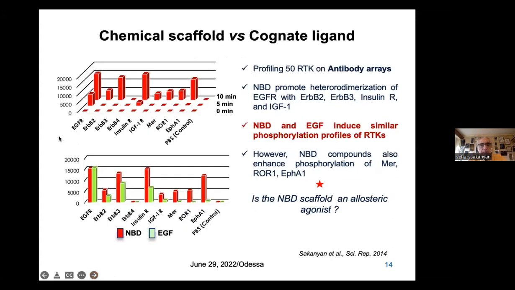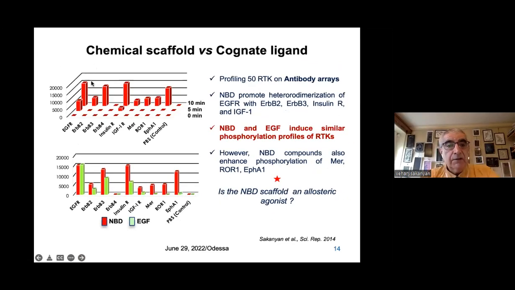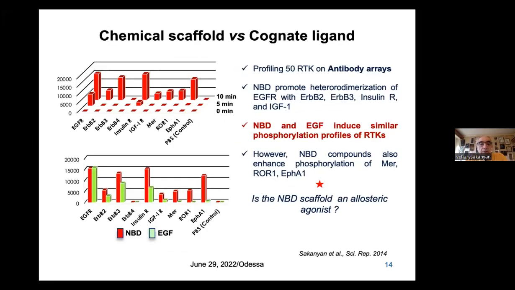Here we applied another technique that can also be very useful. It's a so-called antibody microarray. It means that antibodies against 50 different receptor tyrosine kinases have been spotted on the glass slide, in this case a nitrocellulose surface, and we used the binding assay.